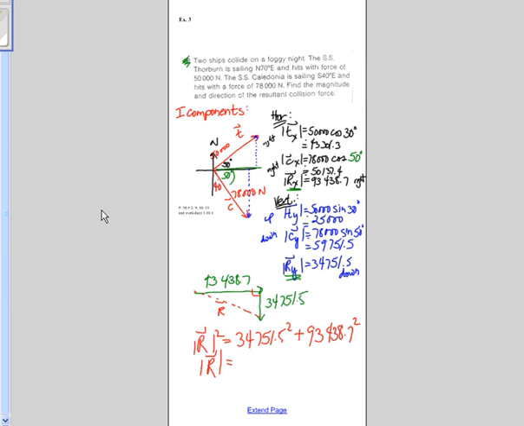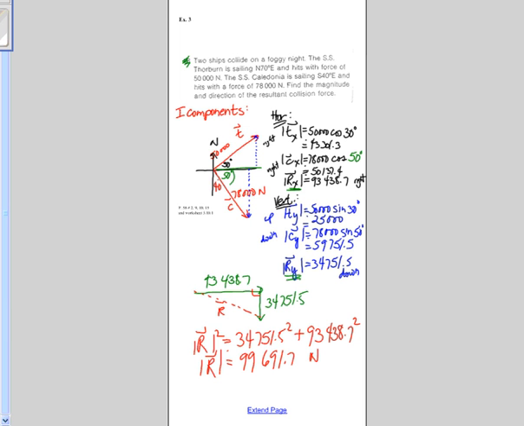That's a really big number. Square root of the answer. Magnitude of force is approximately 99,691.7 newtons.